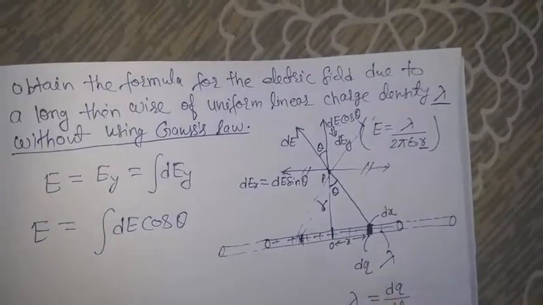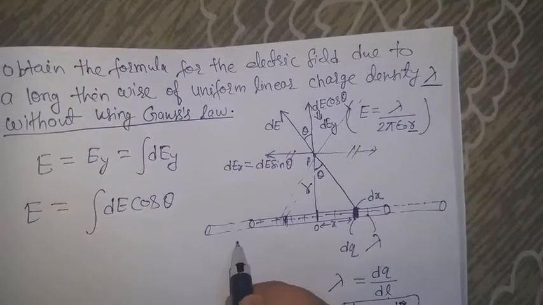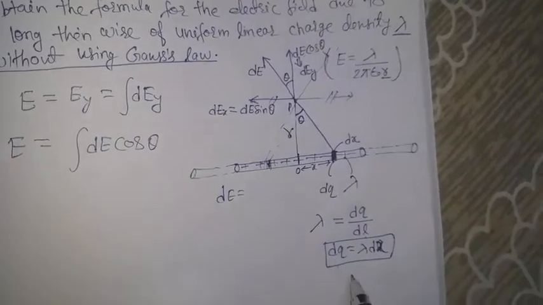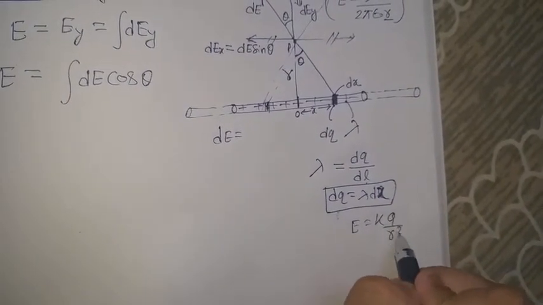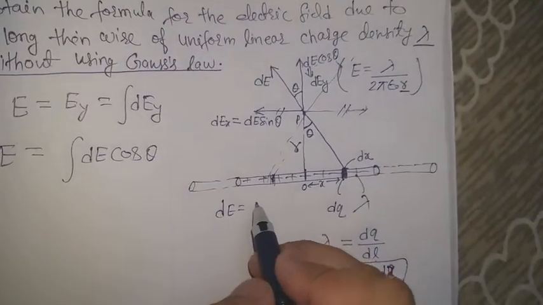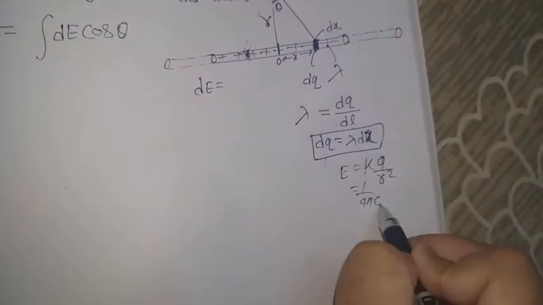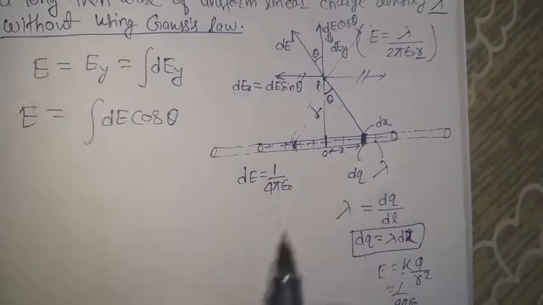And what is dE? Just see here. As we know the formula, E equals kq upon r square. So dE equals k dq upon r square, where k is 1 upon 4 pi epsilon naught.